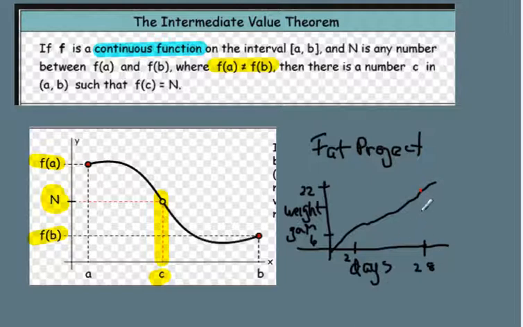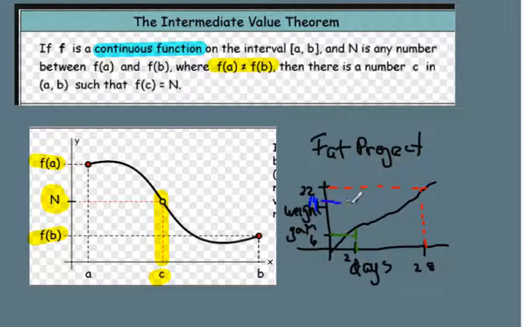That's just saying if I pick some value in between, let's say I happen to pick 14, okay? It's not necessarily drawn to scale here.